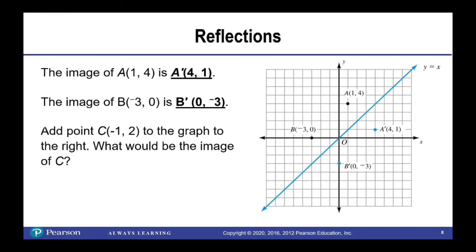So let's add a point to our graph. Add the point negative 1, 2 to your graph, and this is point C. I want to know what's the image of C when I reflect across the line y equals x. My image is C prime, and when I reflect across the line y equals x, I switch the x and the y. And so my new point is 2, negative 1, and I draw that point on my graph.